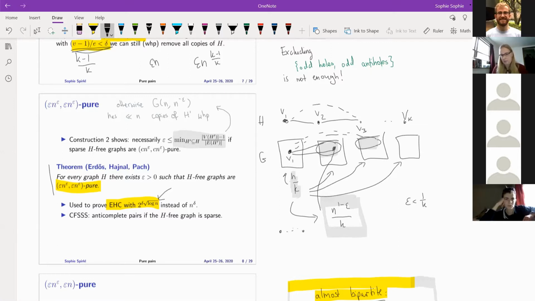So the only part that might not work is what happens if we looked all through this first box and nobody looks like a suitable vertex V1. We looked at all of this box, and each of them was faulty in some way, either by having not enough neighbors where you're supposed to have neighbors, or not enough non-neighbors where you're supposed to have non-neighbors.